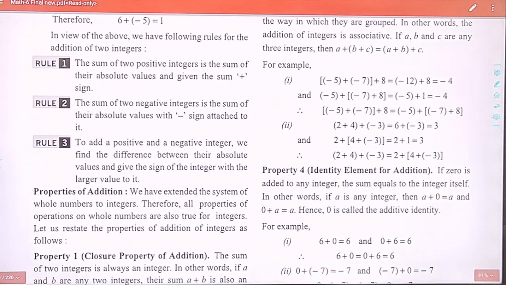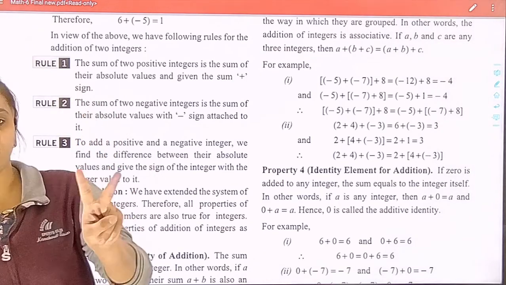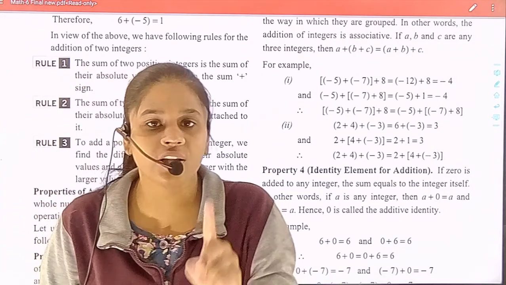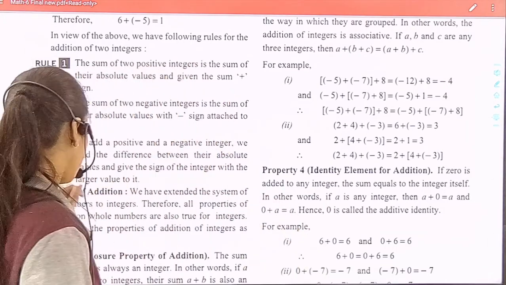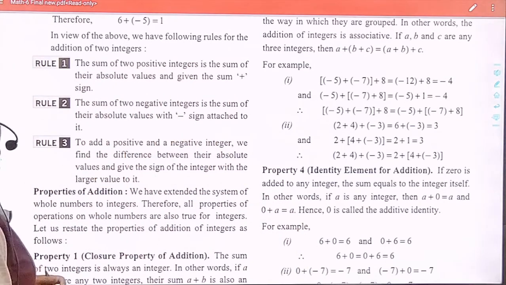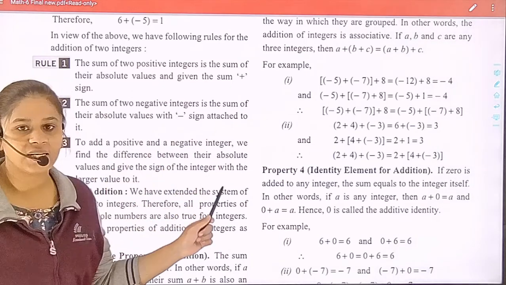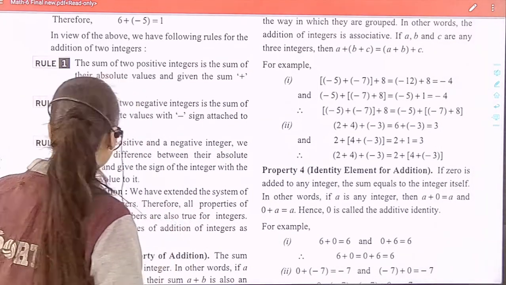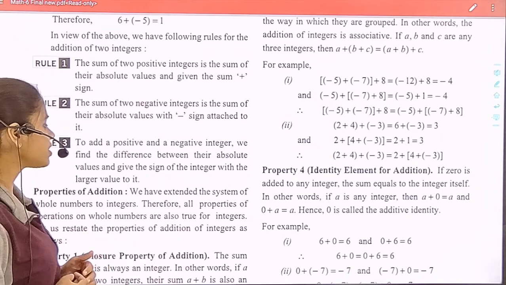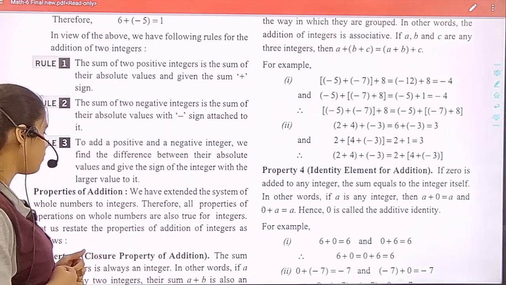The sum of two negative integers is the sum of their absolute values with a negative sign attached to it. If there are two negative integers, we will add them, but which sign will be used in front? Negative. Next, to add a positive and a negative integer we find the difference between their absolute values and give the sign of the integer with the larger value to it.